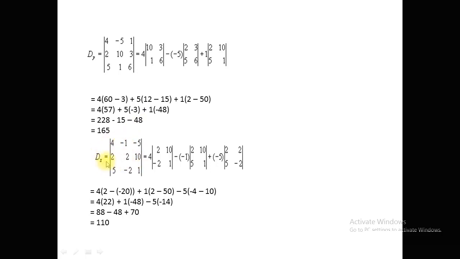So Dz has the entries 4, minus 1, minus 5 in the first row, 2, 2, 10 in the second row, 5, minus 2 and 1 in the third row. Using cofactor expansion along R1, we obtain the determinant 1110.